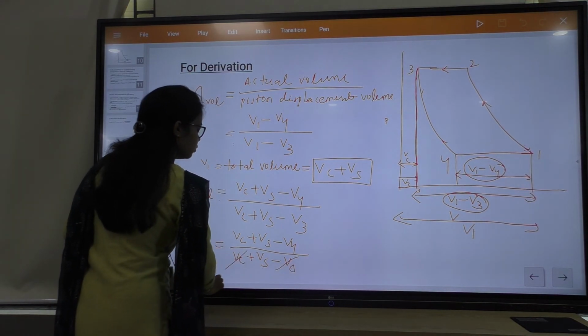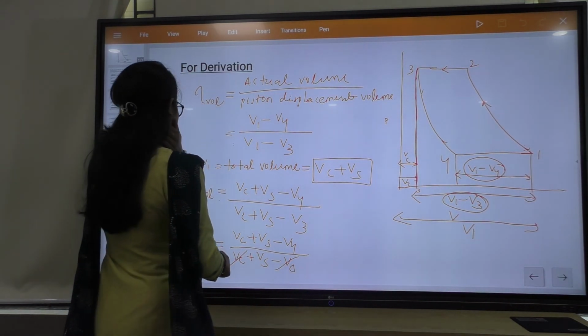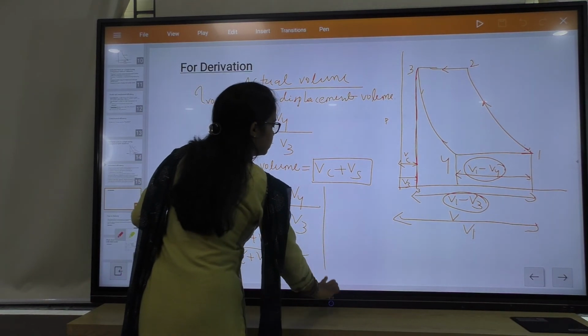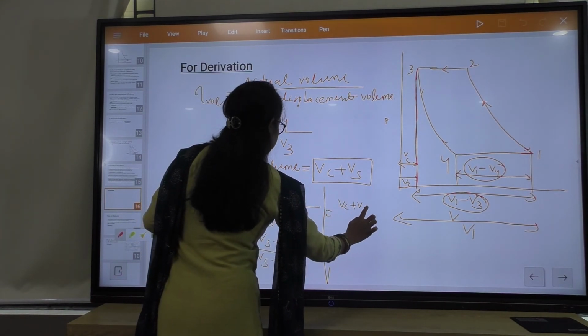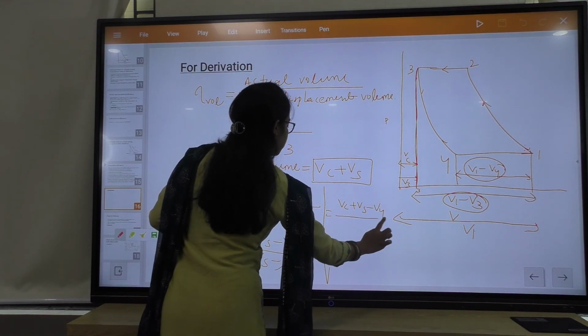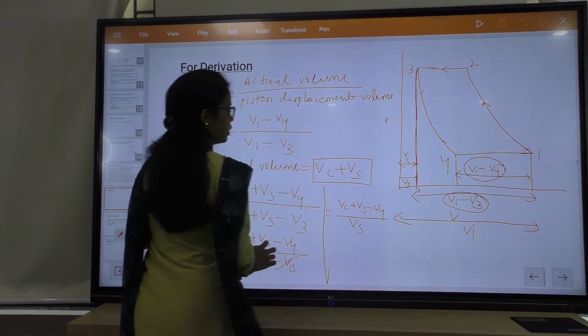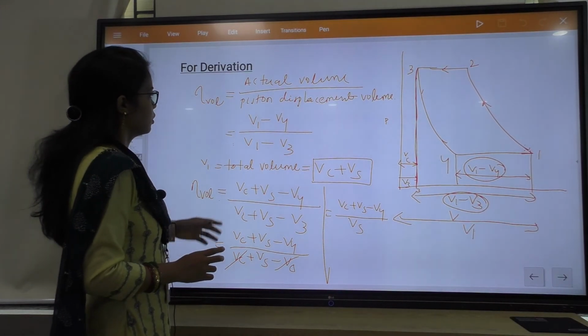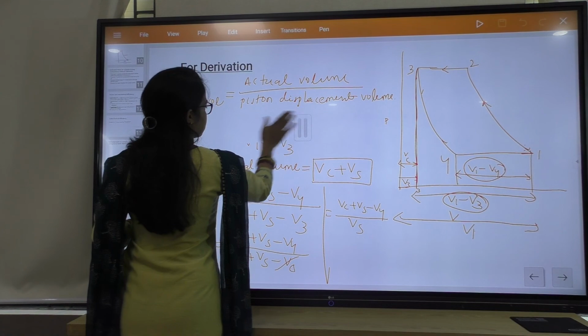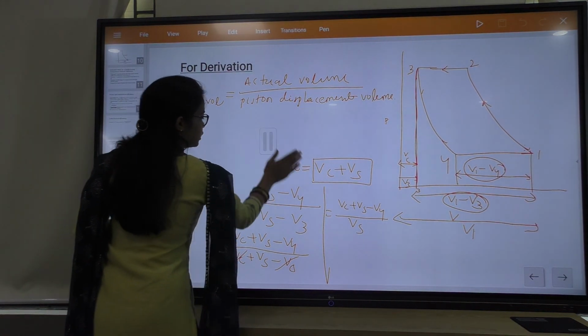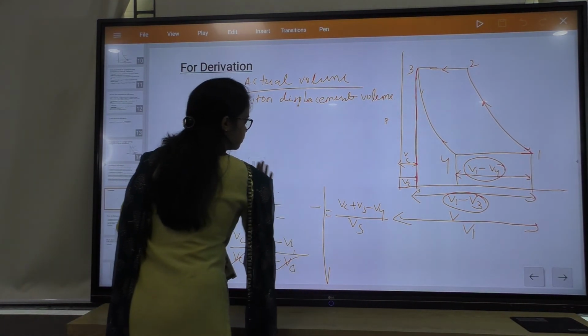So Vc will cancel out, and you can write Vc plus Vs minus V4 divided by Vs. So this is the volumetric efficiency. Again, we can simplify this formula.